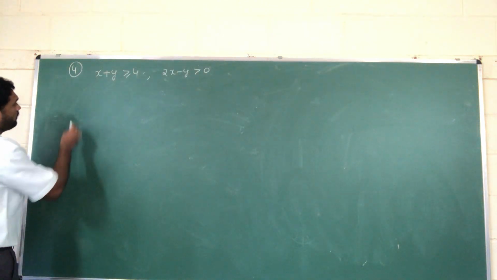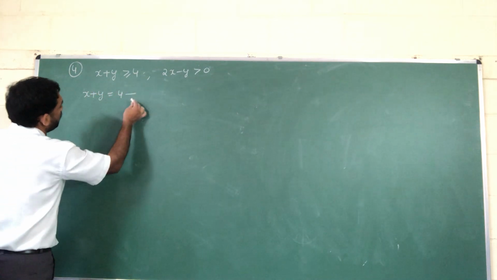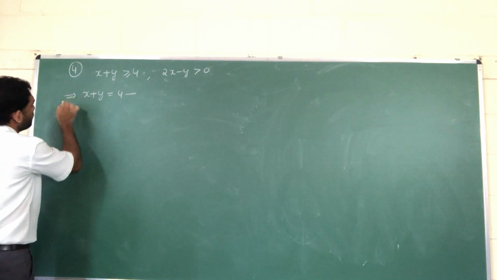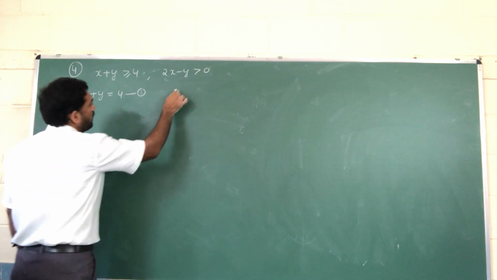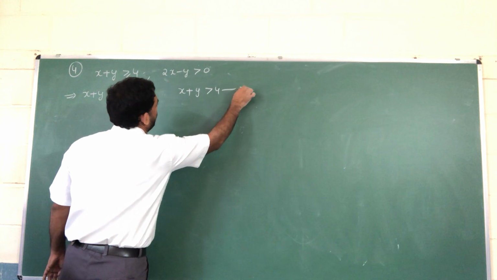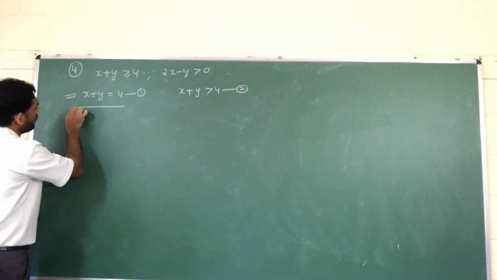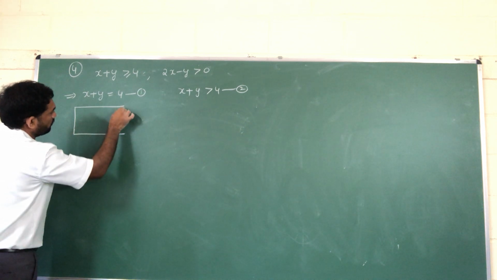Now take the first one. x plus y equal to 4, equation number 1. x plus y greater than 4, equation number 2. Now take box for equation number 1.